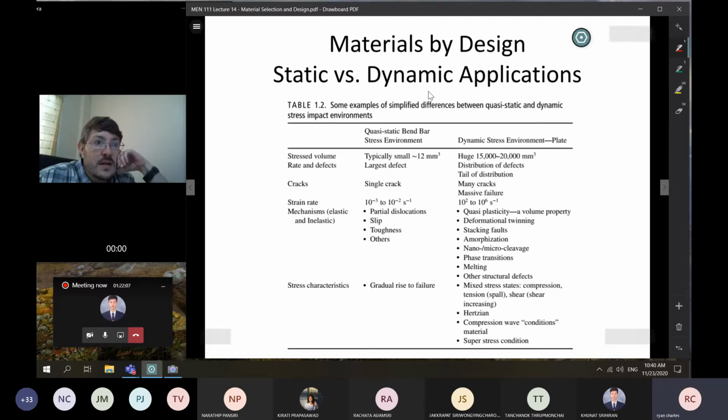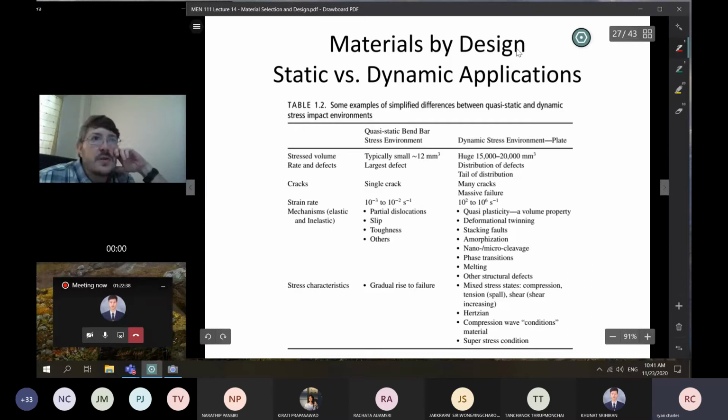And this is something that if you work in the Army, you might care an awful lot about dynamic properties of things like armor. A bullet going a kilometer a second hitting something, that's a very dynamic application. And so maybe you need to consider designing a material for different rates. Not just static, but dynamic events, a dynamic failure.